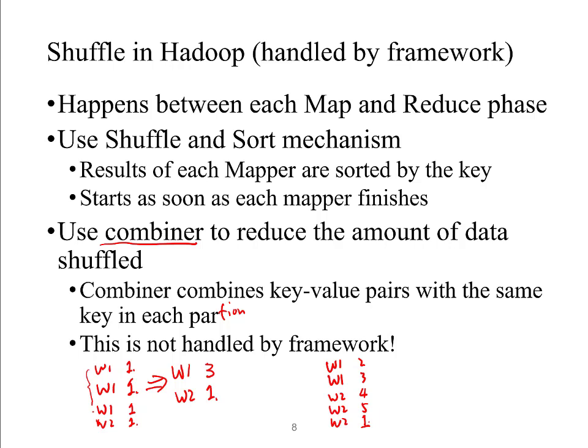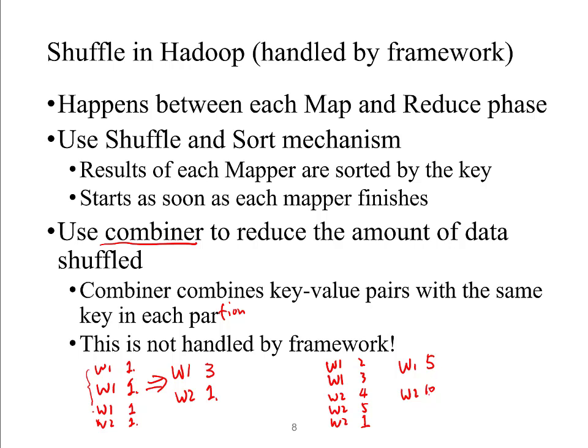If we want to calculate the average, we cannot simply add the values together, because if we do so, we would have W1 5 and W2 10.